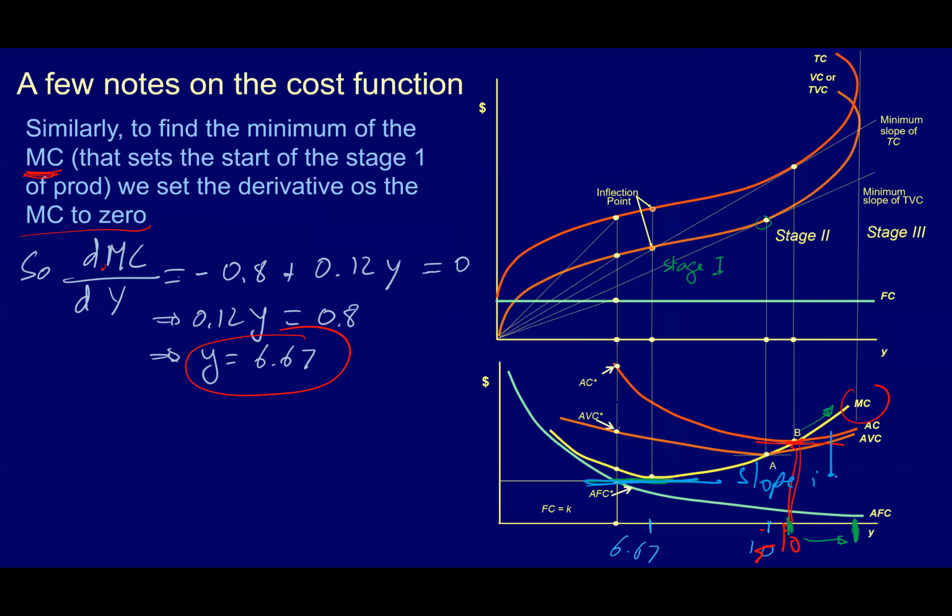So slope is 0. When we set the derivative that gives us a slope of 0, we find out what the minimum for this curve is, and we find that it is this much.